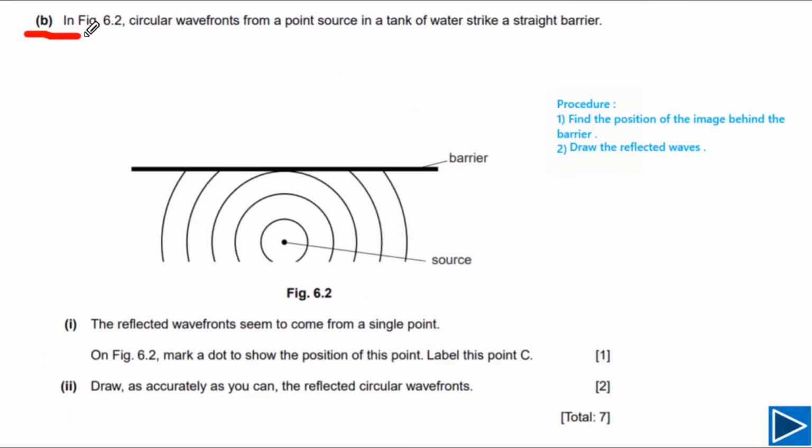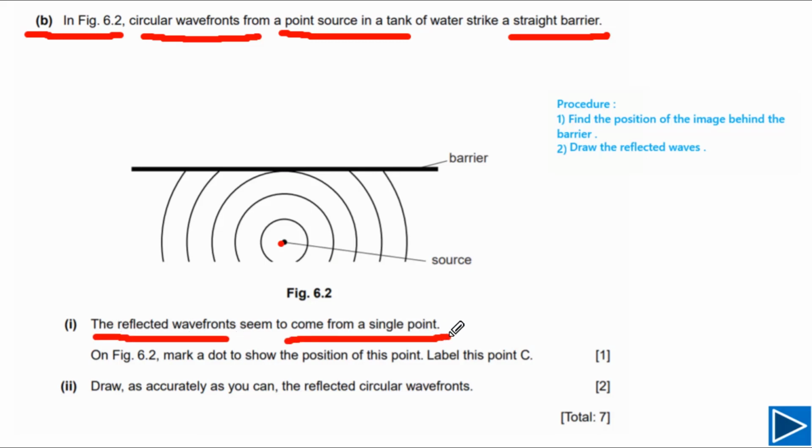For part B in figure 6.2, circular wavefronts from a point source in a tank of water strike a straight barrier. So this is the straight barrier, this black line. Waves are coming from this point source. The reflected wavefronts seem to come from a single point.